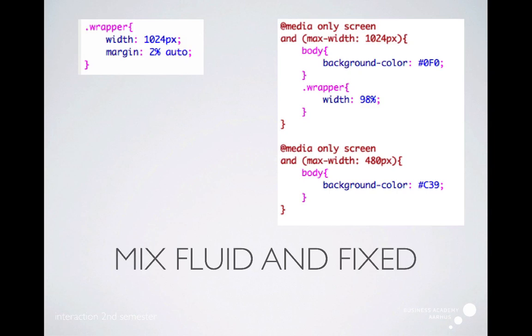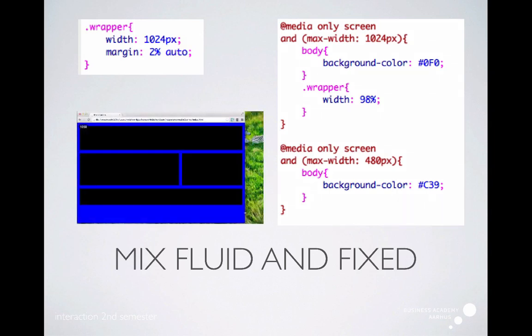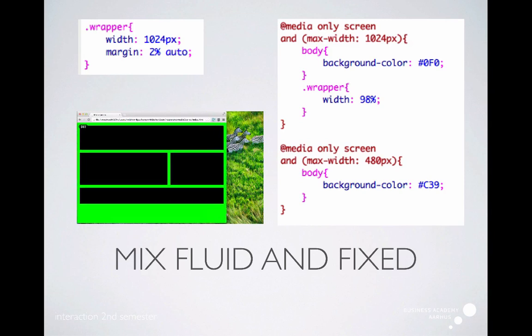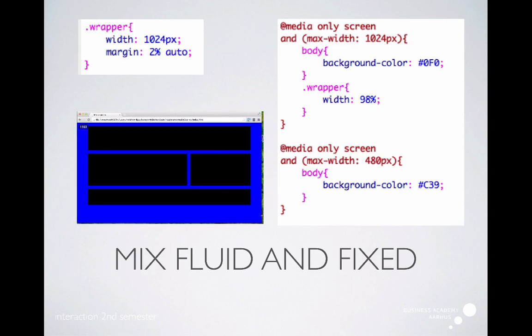And when we go down to a max width of 480 pixels, we don't do anything. We just let the wrapper stay the same. So that means we can mix the fluid and the fixed layout. So it looks like this. It scales down and then it stays fixed when we come above 1024 pixels.